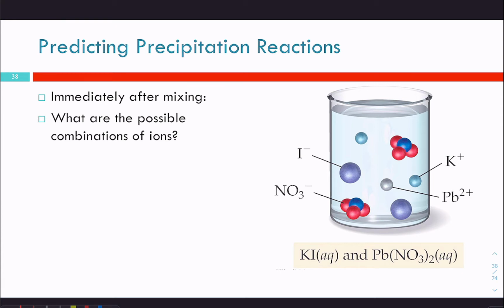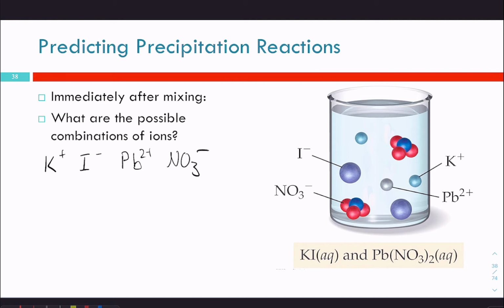Because we know that our previous combinations are soluble. We can see them, they're clear liquids. So we can take our different ions, or cations and anions, and we can just write them out. So I'm just going to do K+, I−, Pb2+, NO3−, and I'm pretty sure we're going to do this on the next slide again.